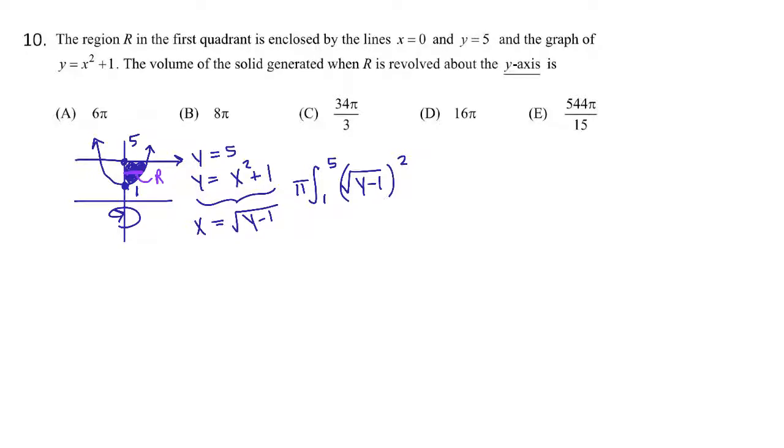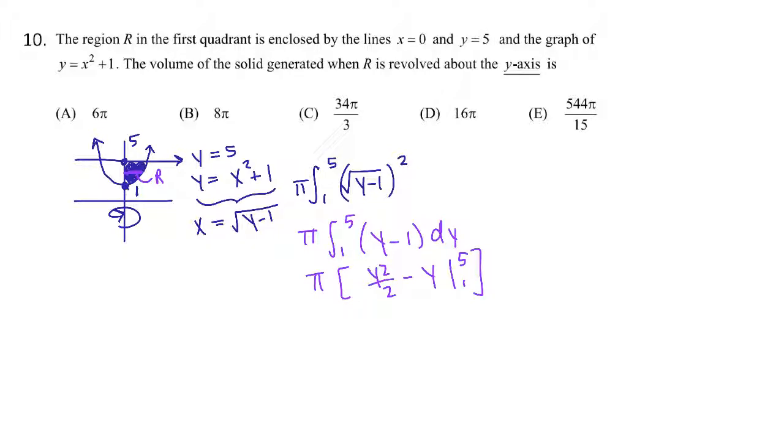All right, so if we square that square root, that does cancel out all of that. So we have pi times the integral from 1 to 5 of y minus 1. And so when we integrate that, we're going to have y squared over 2 minus y, evaluated from 1 to 5.